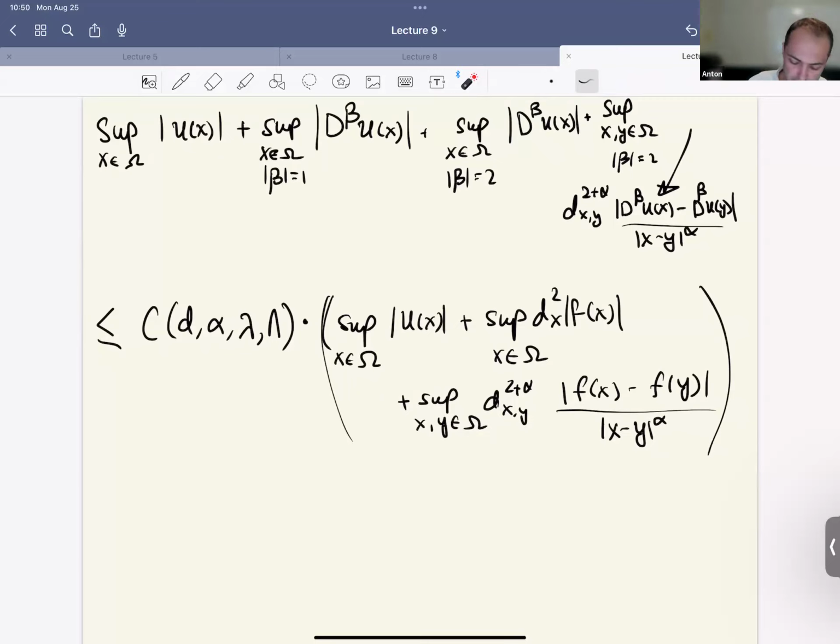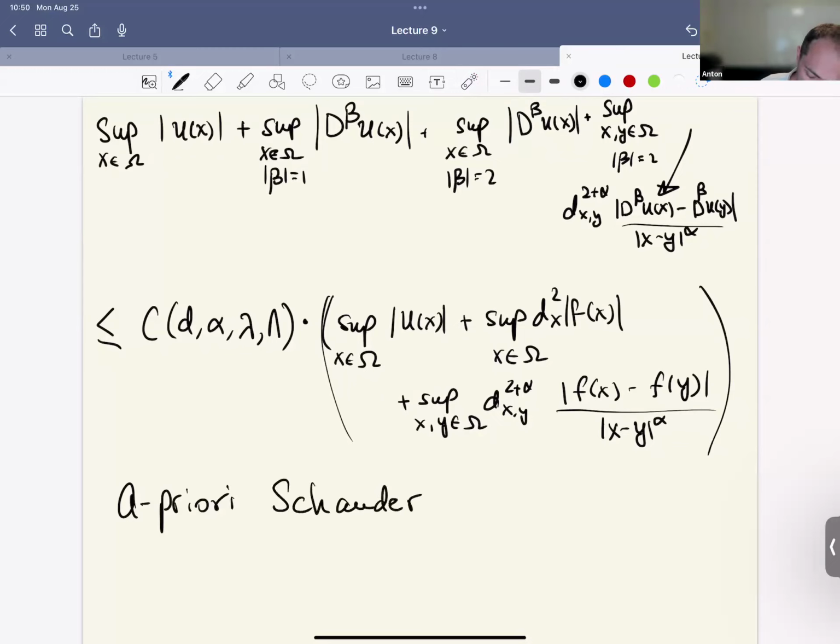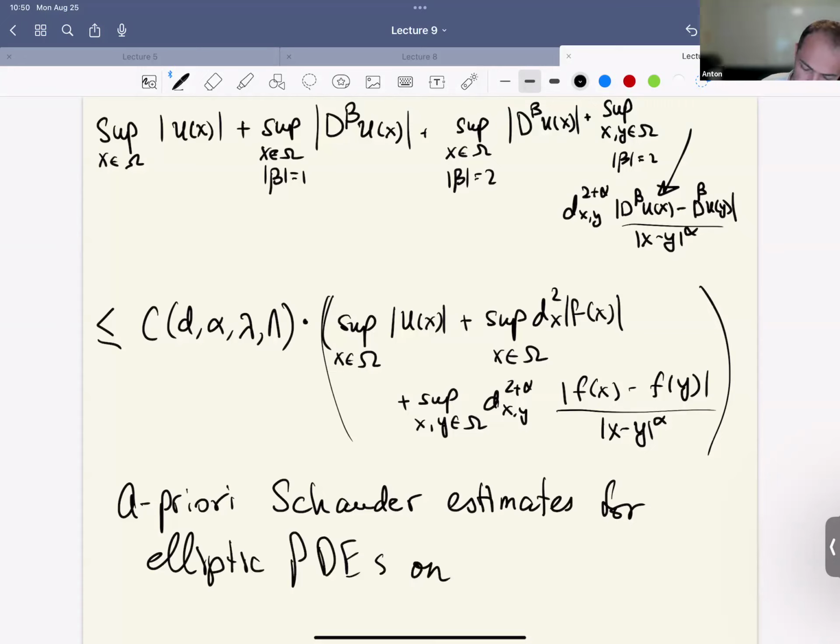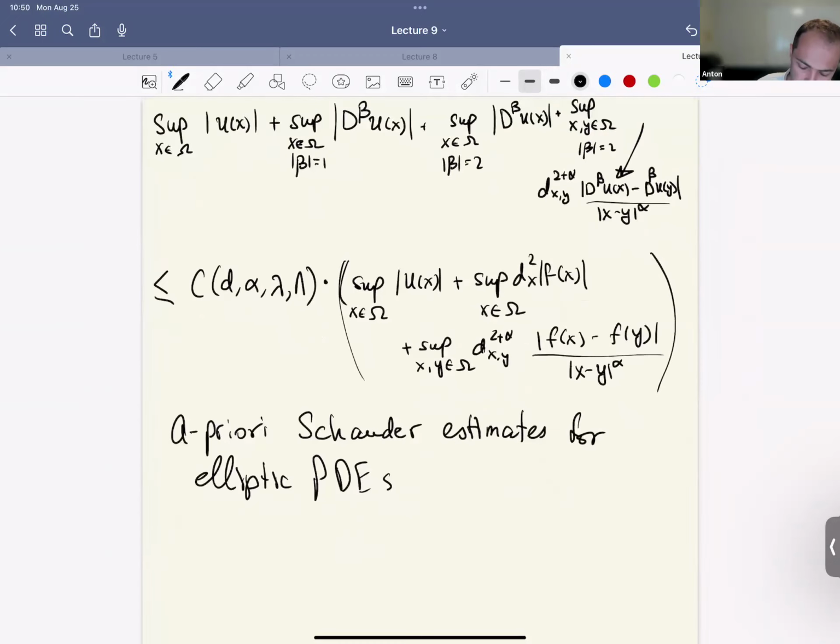So what we have basically established are called a priori Schauder estimates for elliptic PDEs. And this result, if you want to prove it, you have to go into classical PDE theory.